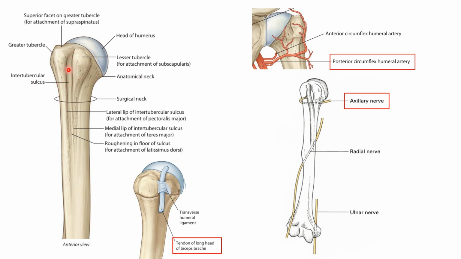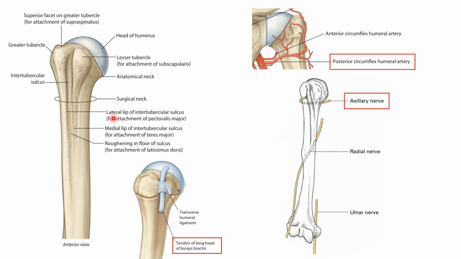And this is the intertubercular sulcus or bicipital groove. This groove lodges the tendon of the long head of biceps brachii, and this ligament, the transverse humeral ligament, bridges the two tubercles. The intertubercular sulcus also has three parts: lateral lip, medial lip, and the floor.